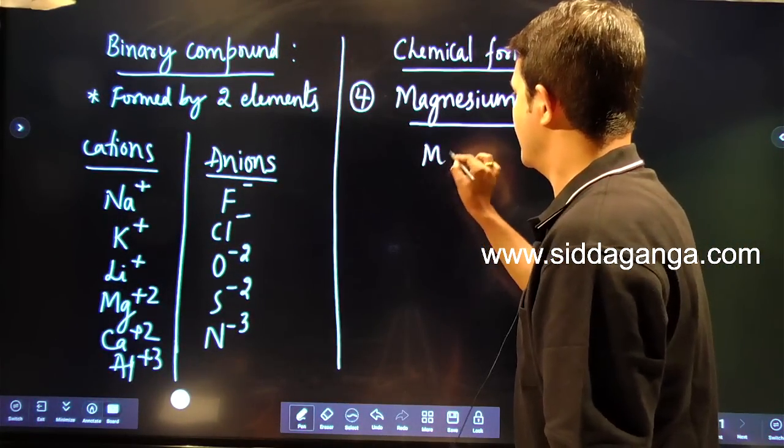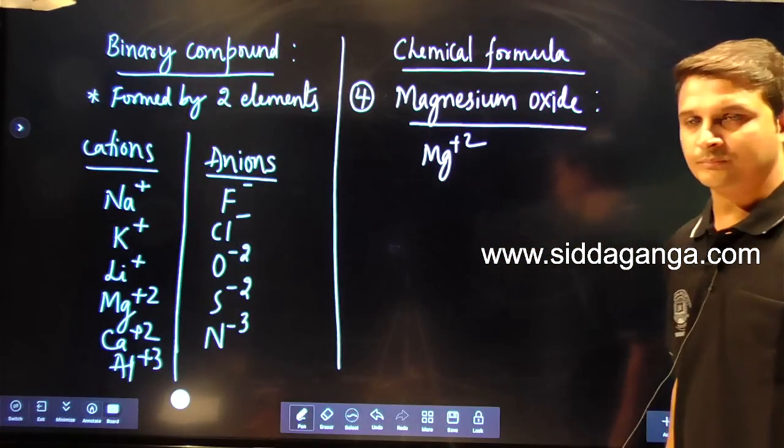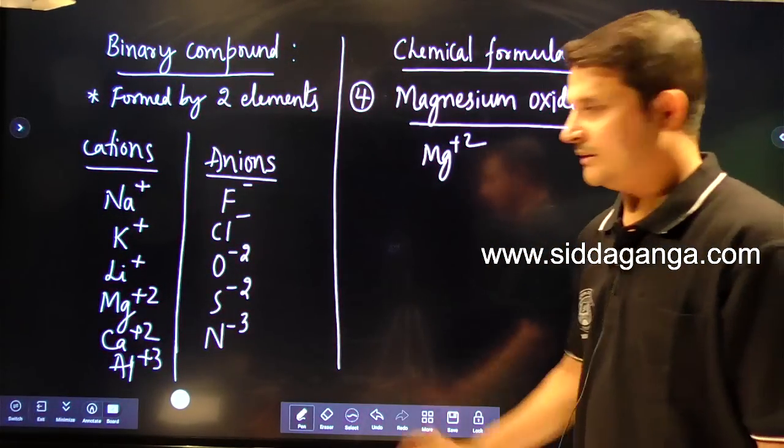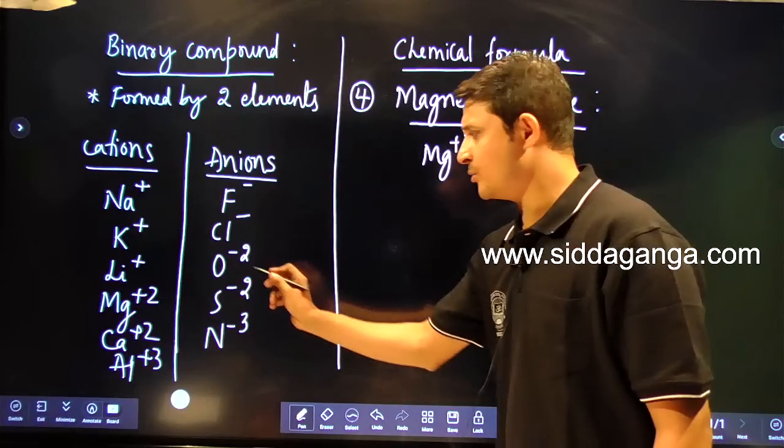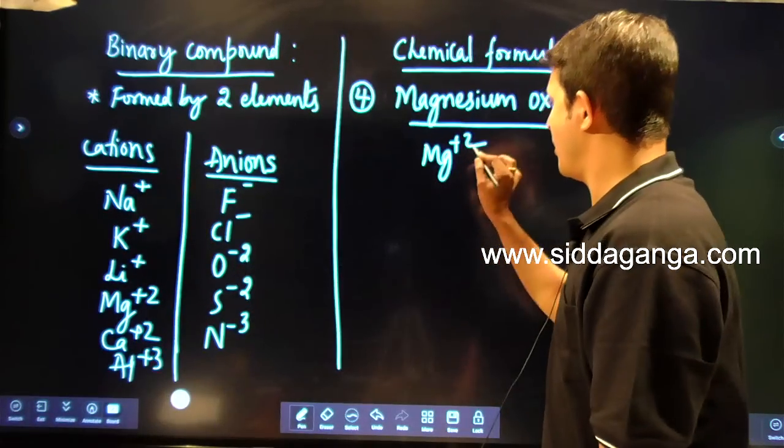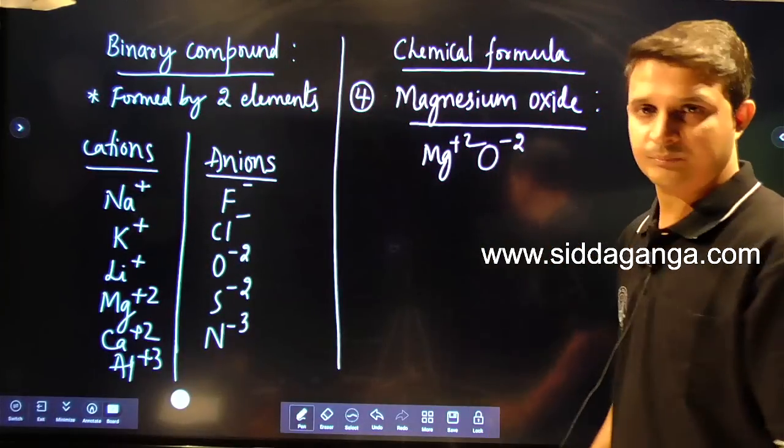Magnesium is Mg plus 2. Oxide is the anion form of oxygen, where we use the suffix IDE. So O minus 2.